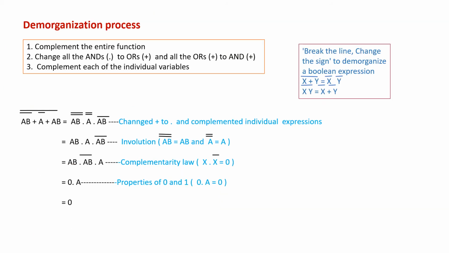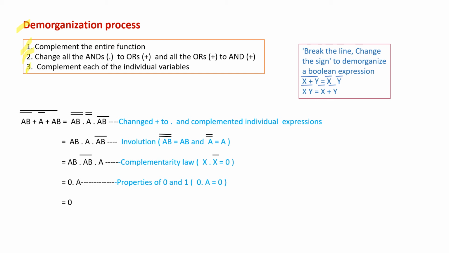Now let us look at the De Morganization process. In any function, the transformation is easier if the following steps are performed: complement the entire function, change all the ANDs to ORs and all the ORs to ANDs, and complement each of the individual variables.